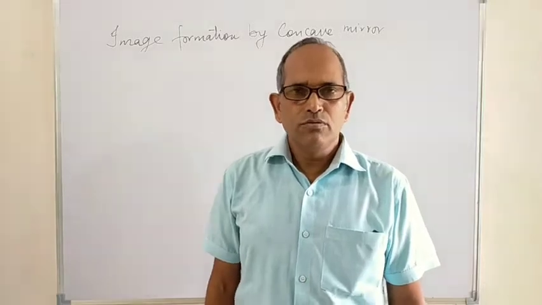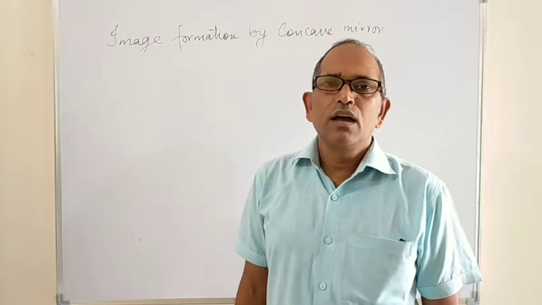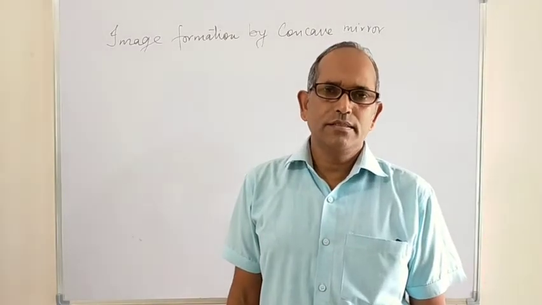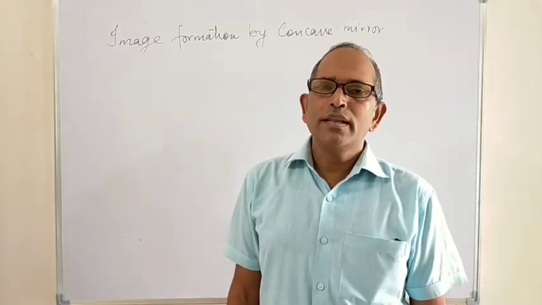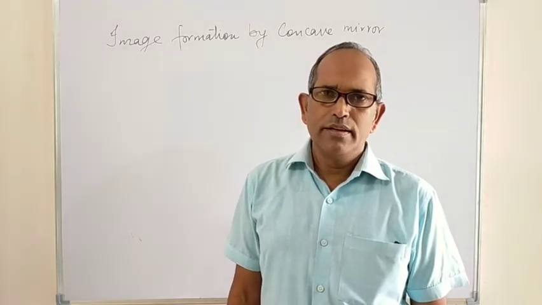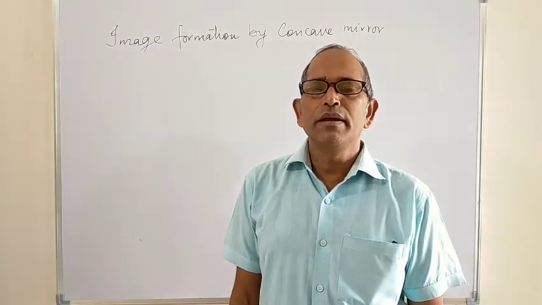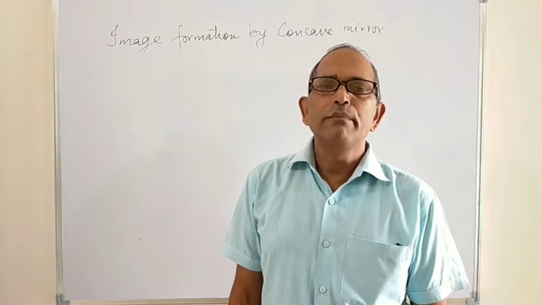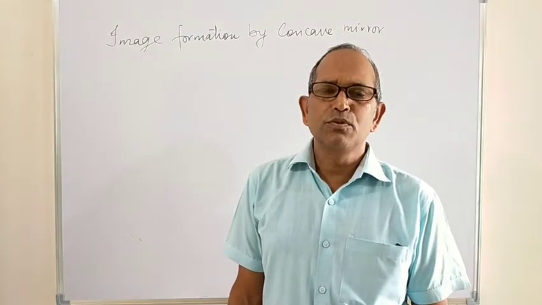So welcome to my lecture, and today we are going to discuss formation of image by spherical mirrors. Students, we will be discussing the nature of the image formed, its position where the image will be formed, and the size of the image when the object is placed in front of a concave mirror or a convex mirror at various positions.